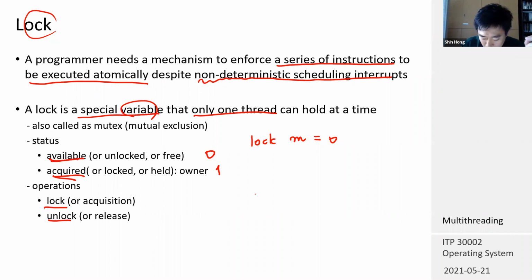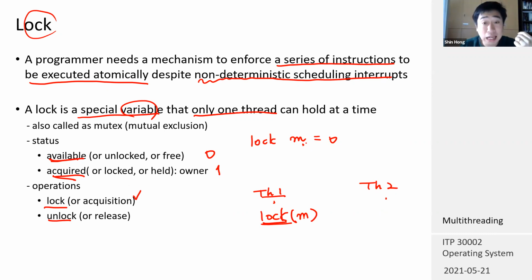Thread 1 and thread 2 can check the value of m, but they should not check it by a read operation. They always need to check the value by the lock operation. The lock operation is sometimes referred to as acquisition, because it is an attempt to acquire the lock if it is available. So thread 1 can apply the lock operation on m.